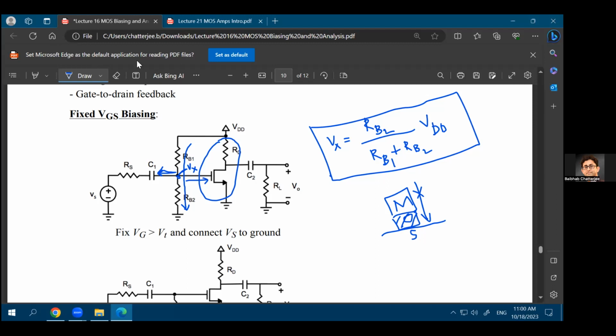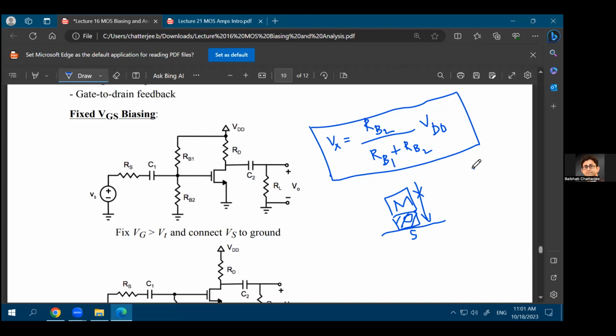All right. So again, something that we have seen earlier, nothing new. What we are doing in this case is biasing the gate of the transistor at this voltage Vx. If your RB1 and RB2 are equal, then you're biasing the gate of the MOSFET at VDD over 2. That's just a DC point.